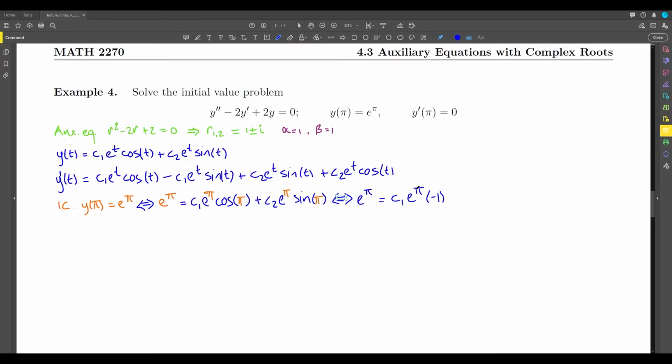And now dividing both sides by e to the power pi and then dividing by negative 1 leads us to c1 equals negative 1.